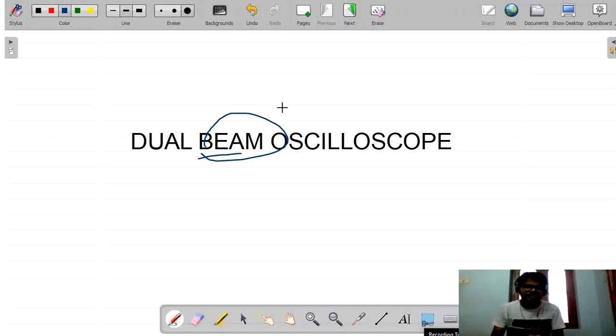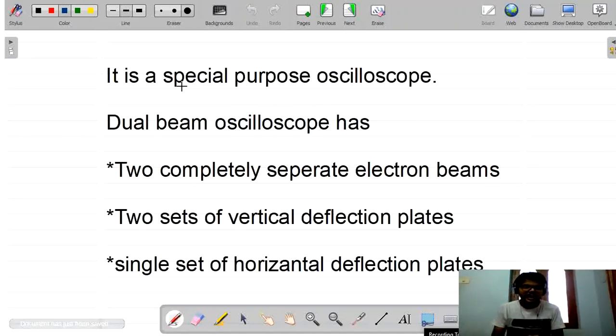Now we will study in detail. As we have discussed, it is a special purpose oscilloscope. What are the features of this dual beam oscilloscope? The first point: the name indicates it has two completely separate electron beams, but a general purpose oscilloscope has only a single electron beam, as we have already seen in the concept of the CRO.